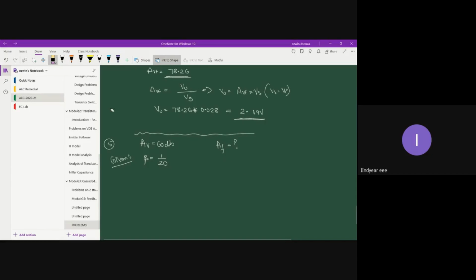Since we have taken AF, let us define the percentage change as percentage delta AF. Percentage change in gain without and with feedback, and delta AV, with a consequent 50% change in GM.